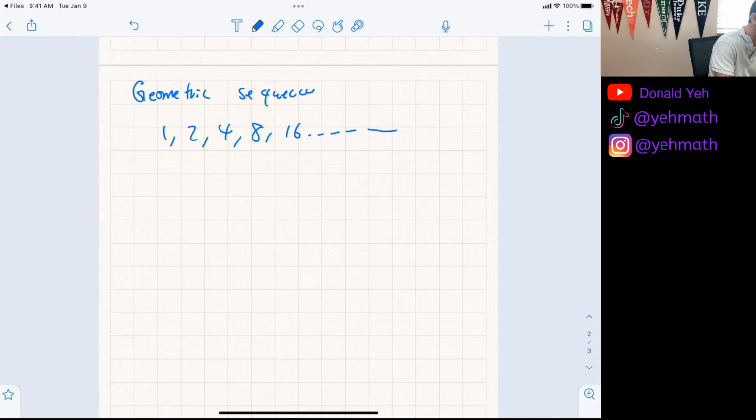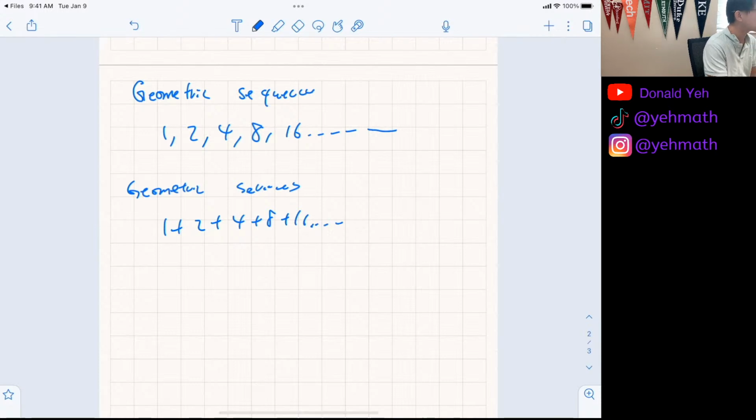Its formula is for a geometric series, which is 1 plus 2 plus 4 plus 8 plus 16. There's actually a very famous story about a king with rice and a chessboard.